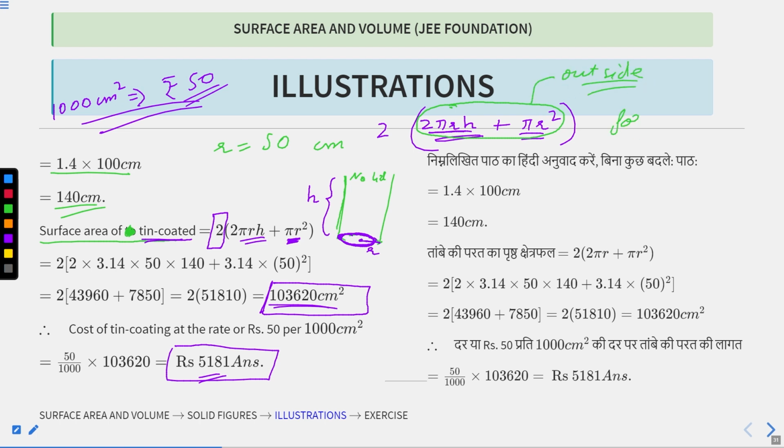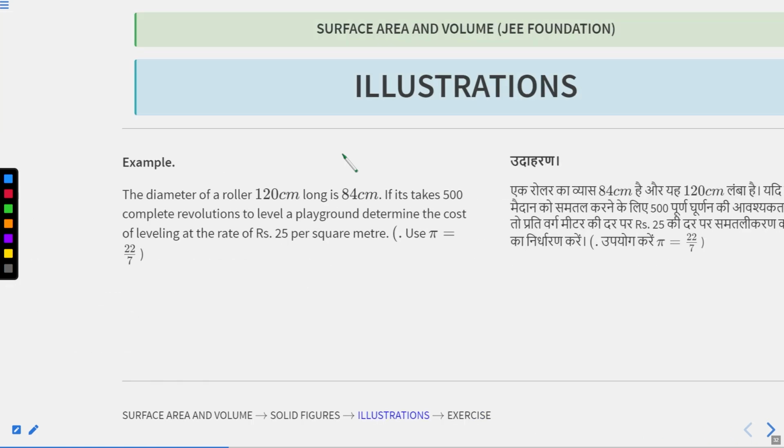For the inside surface area, the same arrangement of the formula will also work. So that's why we have to add the same number again, that's why I am multiplying with 2. I hope this is clear. So let's move to the next.